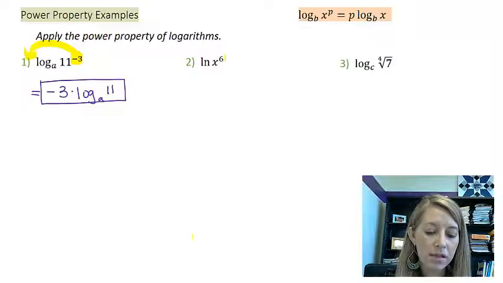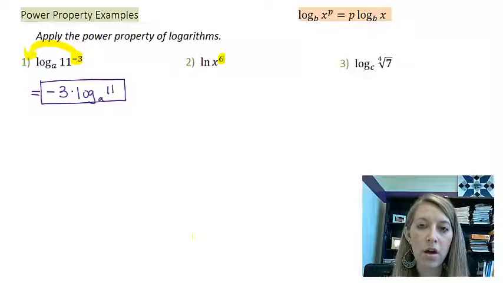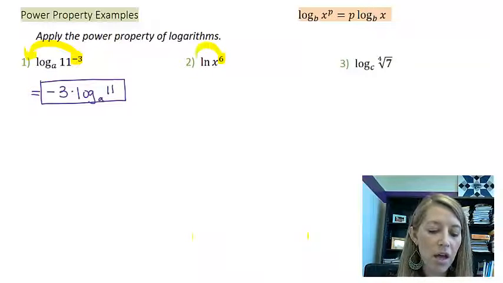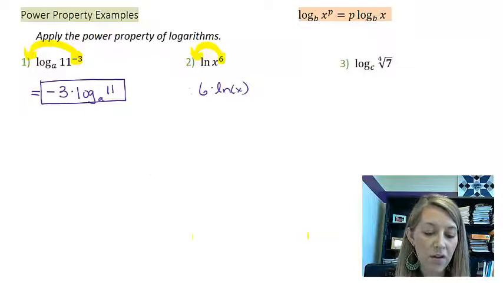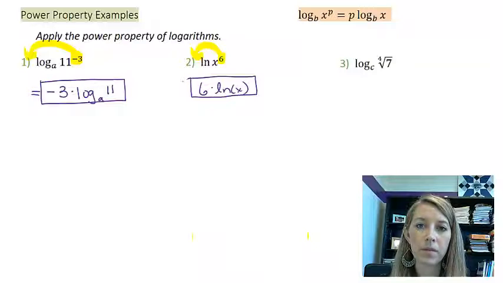In example number 2, natural log of x to the 6th. Again, all I do is take that power and move it out in front. And so that gives me 6 times the natural log of x. I cannot simplify anything farther, and so this is my final answer.